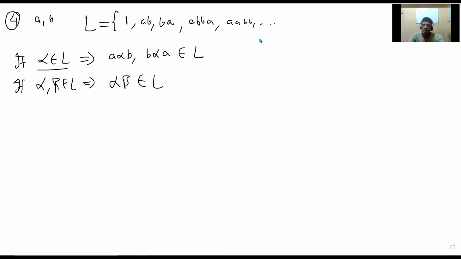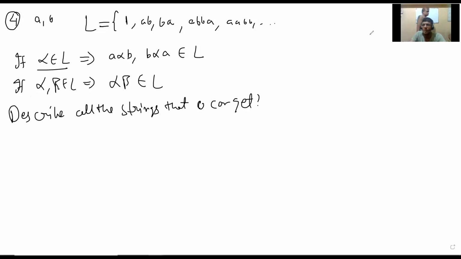Now determine all possible strings that you can get in this way. Describe all the strings that you can get. Say something about what things you can get or what things you cannot get.